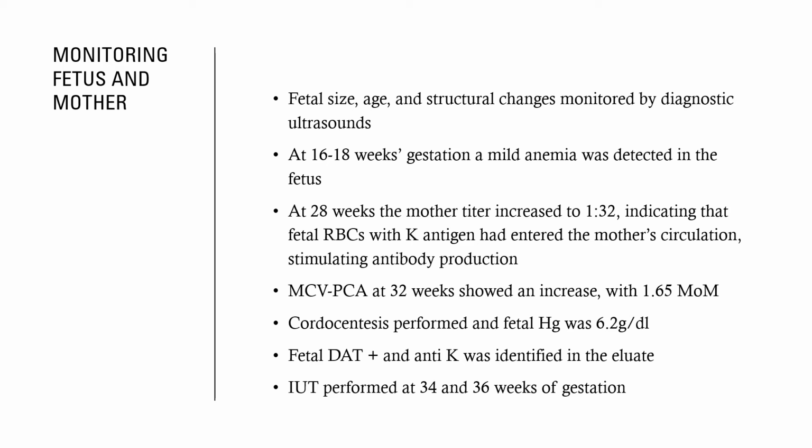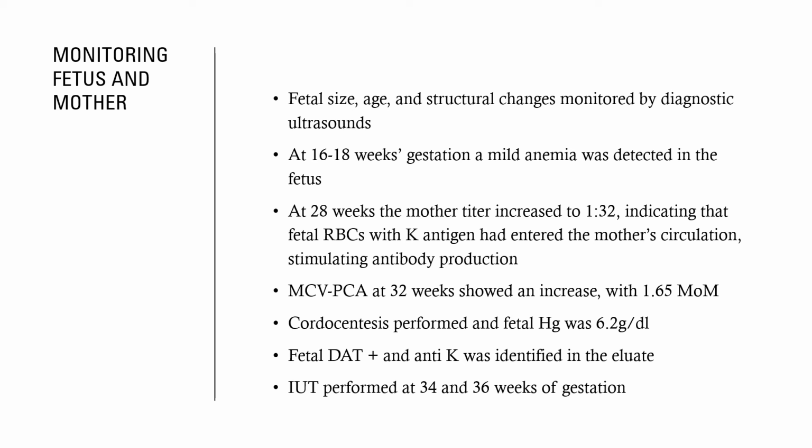To monitor the fetus and the mother's condition, several exams and tests were performed during the gestation. The mother's titer is considered critical when it reaches 8 or more. However, titers do not necessarily correlate with the degree of anemia. So a fetal MCA-PSV must be measured to investigate the anemia in the fetus related to maternal K alloimmunization.